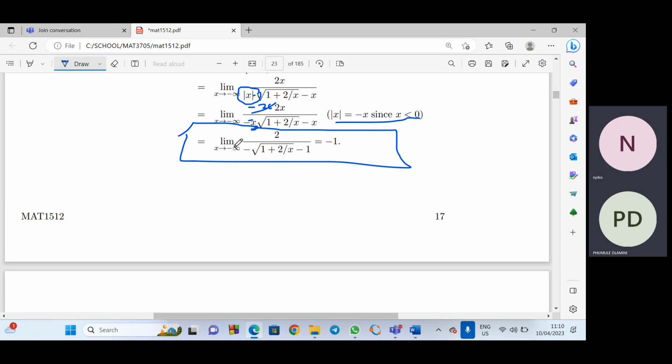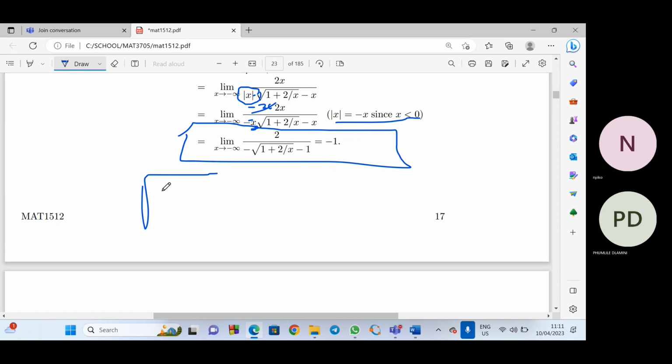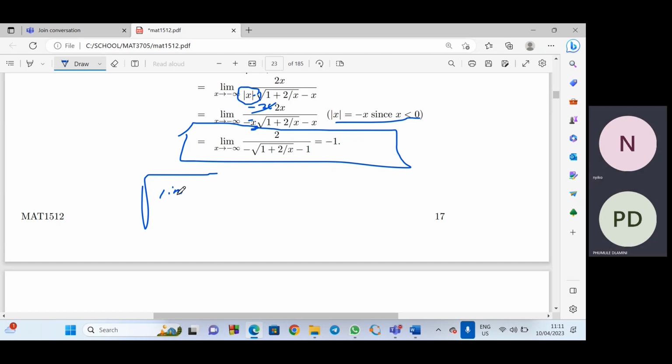Because even when you get the limit, if we substitute inside according to the rules of the limits, 1 plus 2 over x, you can use inside the square root there, to get the limit when x approaches negative infinity. This one is going to be 1, this one is going to be 0.